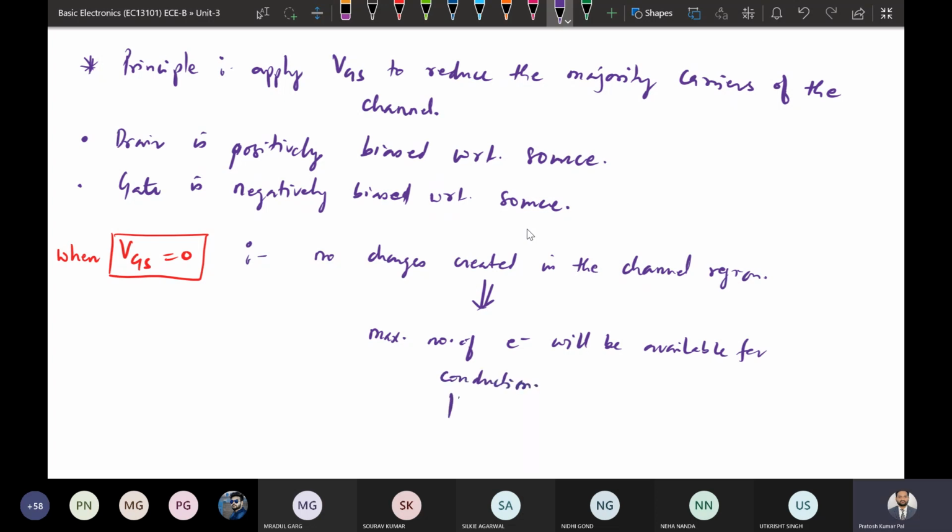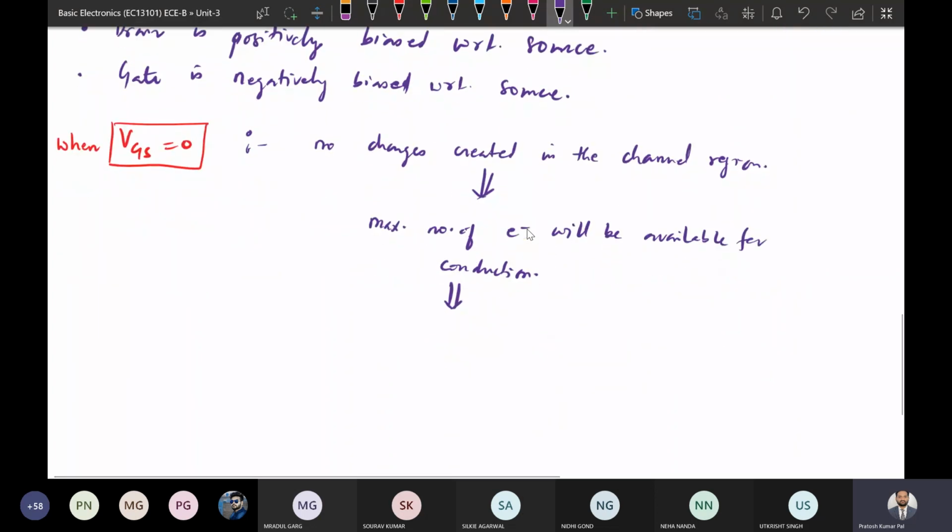Okay, so there will be a maximum number of electrons available for conduction, and these electrons will move from source to drain. That means the maximum number of electrons will move from source to drain.